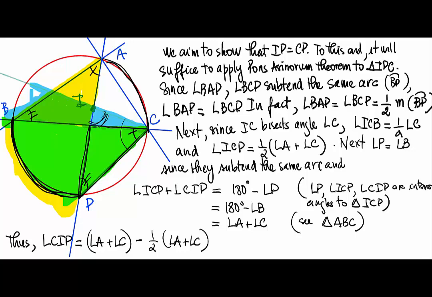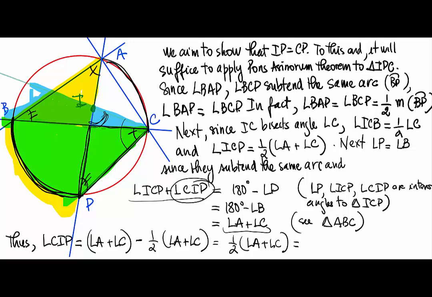It is going to be equal to, so if we take this equation here and solve it for angle CIP, we get that angle CIP is angle A plus angle C minus angle ICP, but angle ICP is 1/2 of angle A plus angle C, and this is precisely 1/2. We're taking something and subtracting its half, so we are left with a half of the original quantity.